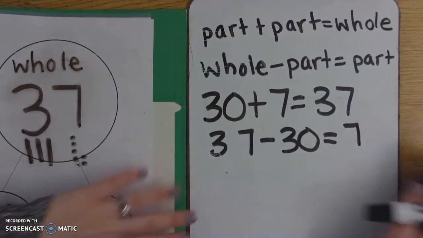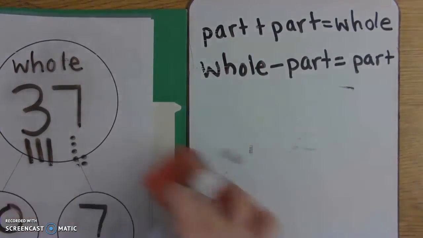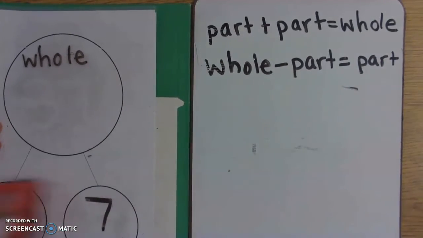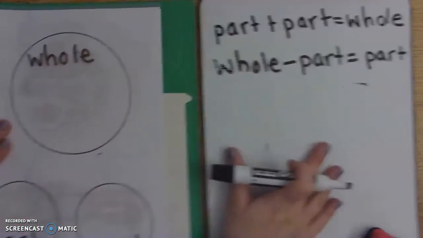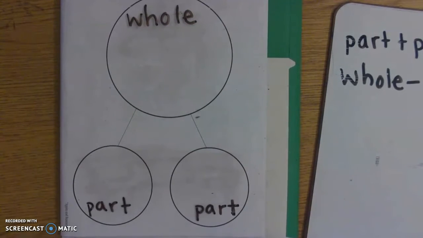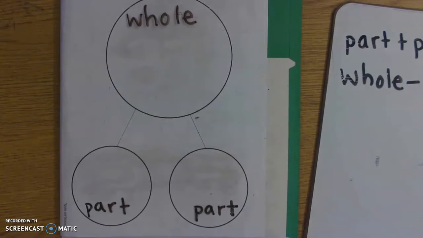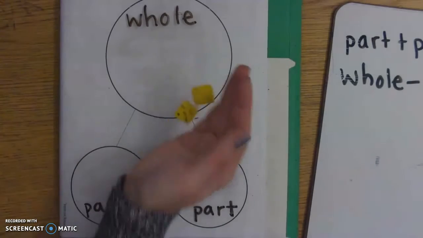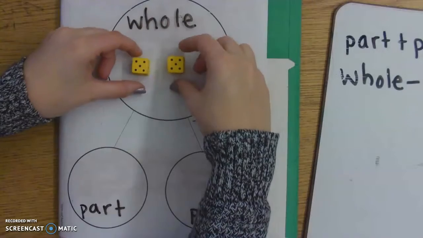Okay, let's do another problem. Ready? How about this time, let's take out some dice and roll our dice to make a 2-digit number. I got 5 and 5.